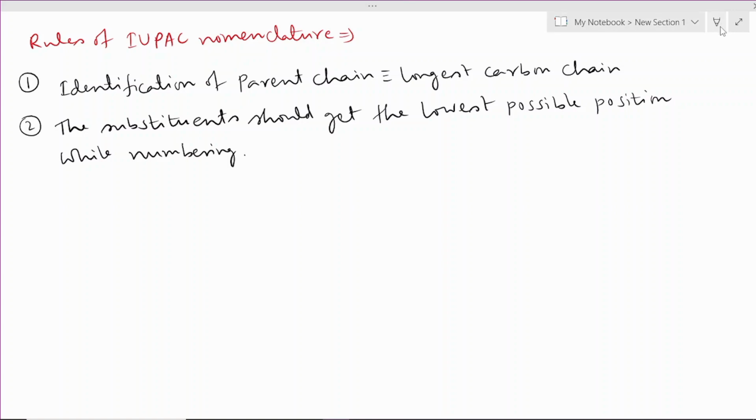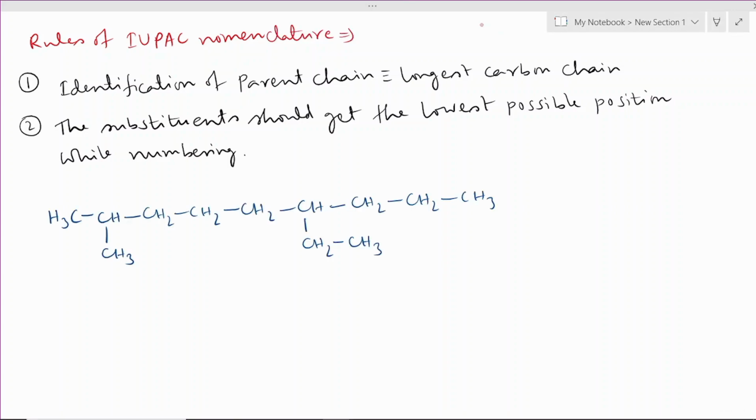We'll understand by an example. So firstly, we have to identify the parent chain. So here we can see that two ways are there of identification of the parent chain. One way is 1, 2, 3, 4, 5, 6, 7, 8, 9. This is one type of numbering. And the other way of numbering is 1, 2, 3, 4, 5, 6, 7 and 8.